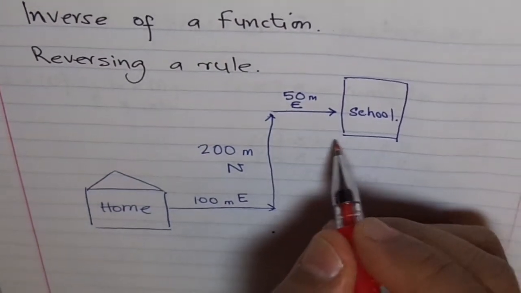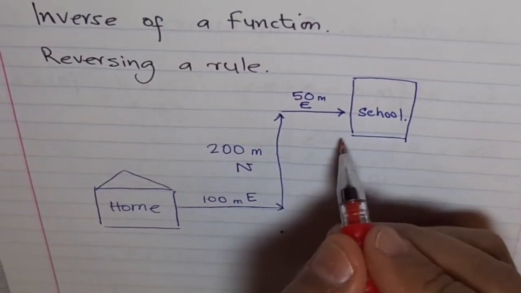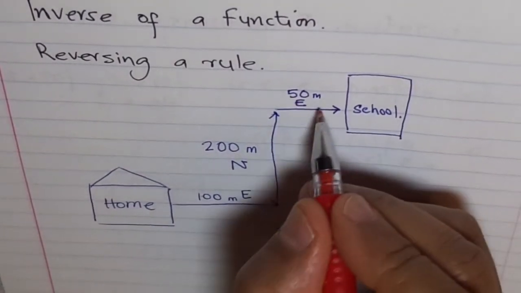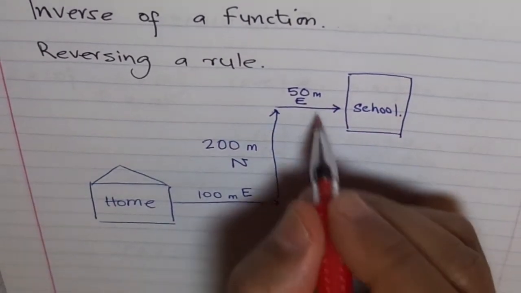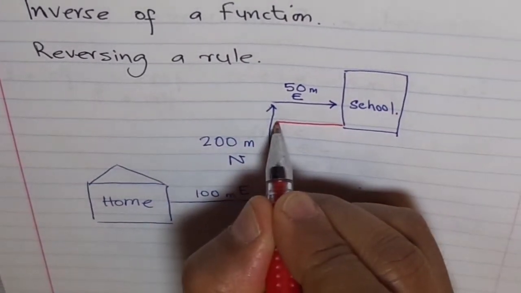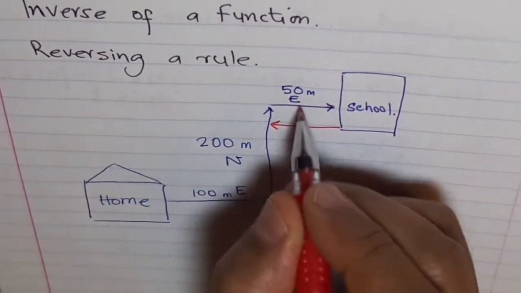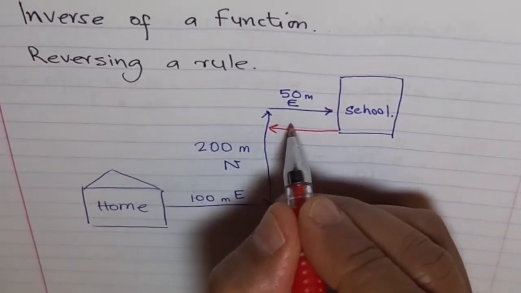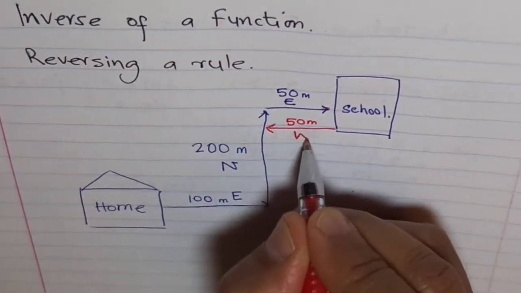So if you reverse the rule, let's read it in reverse order. We are starting from school, going back to home. So we'll go in this direction. In this case, 50 meters west. Do you see that? 50 meters not east, but west.